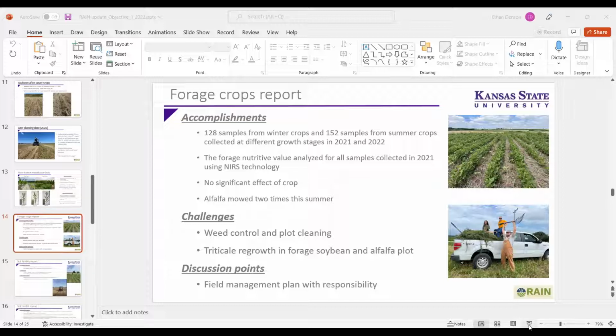All the samples were ground, and then 28 different forage quality parameters were analyzed using NIRS technology. We also did the forage dry matter analysis, and we did not find any significant effect of cropping intensity and nitrogen treatment on forage nutritive value or forage dry matter.